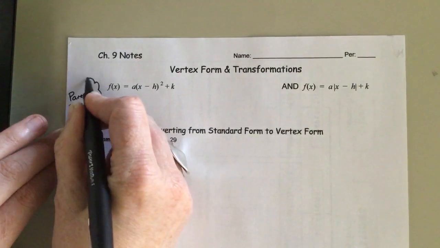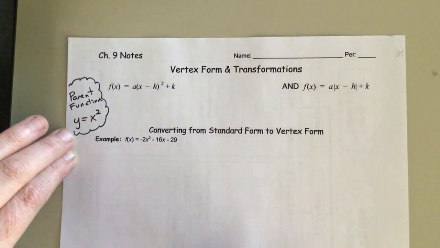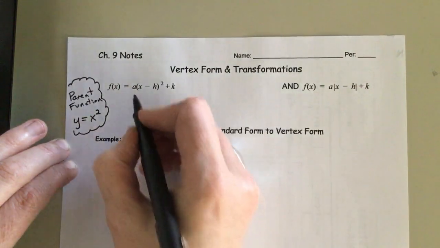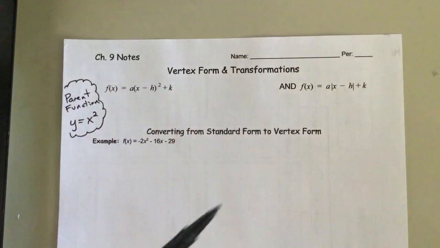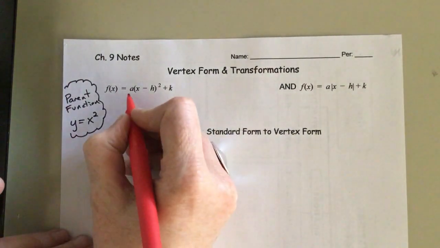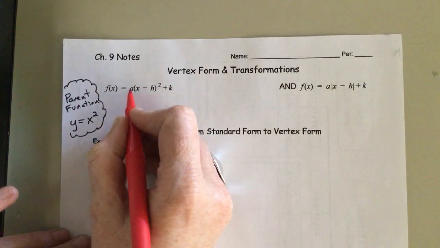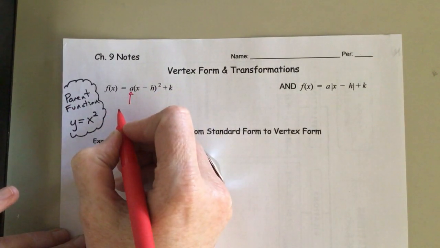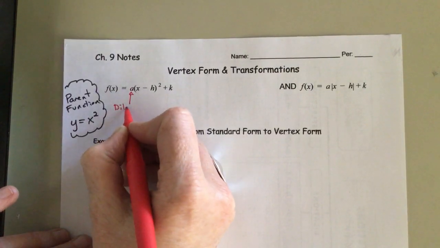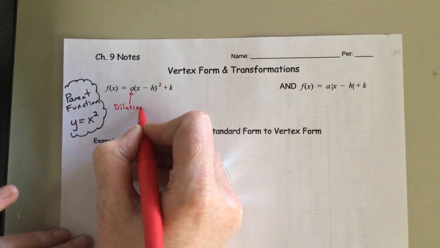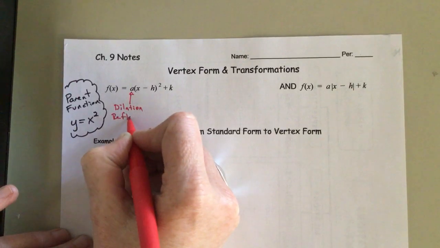We know that the a value in front will dilate and reflect your parabola. So I'm going to write dilation, reflection.